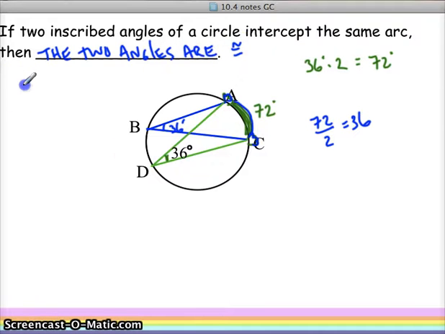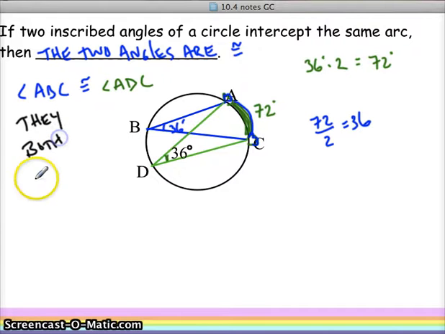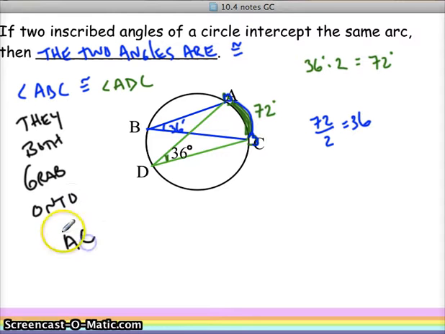Just like in this problem, angle ABC is congruent to the green angle ADC, because they both grab onto arc AC. Okay?